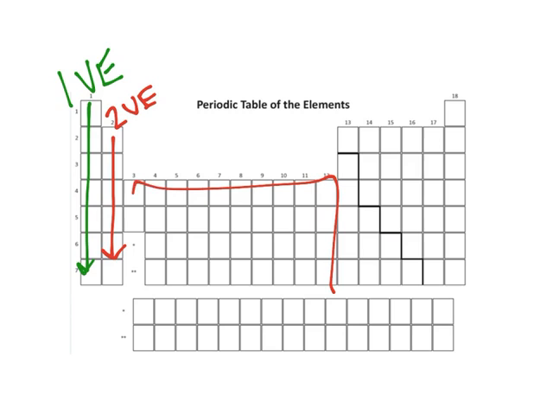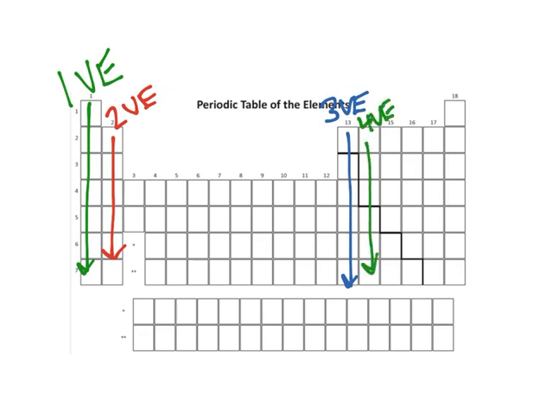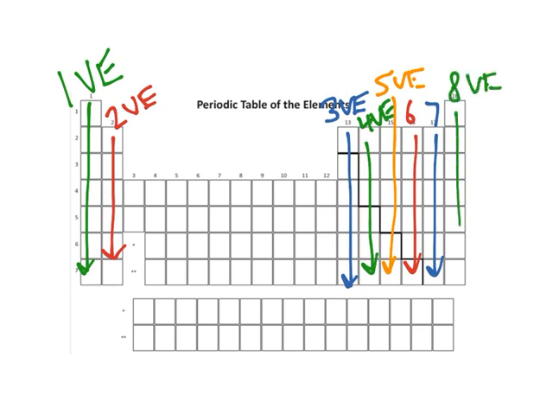Now we're going to skip the transition metals here. They're scary. We'll talk about them another day. But in this third tall column, we have 3 valence electrons. 4 valence electrons. 5 valence electrons. 6 valence electrons. 7 valence electrons, and 8 valence electrons, with the exception of helium.